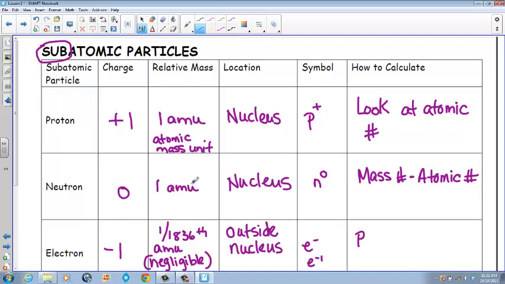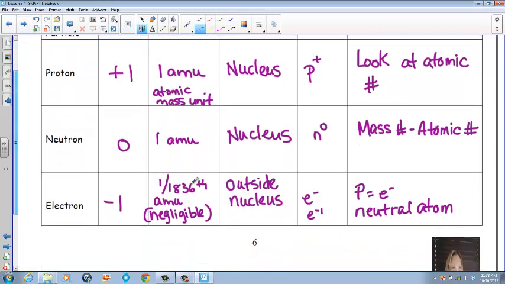And the number of protons is equal to the number of electrons, which makes it a neutral atom. The charges balance each other out. Okay, so all the positive charges are equal to all the negatives, therefore it is equal to 0.